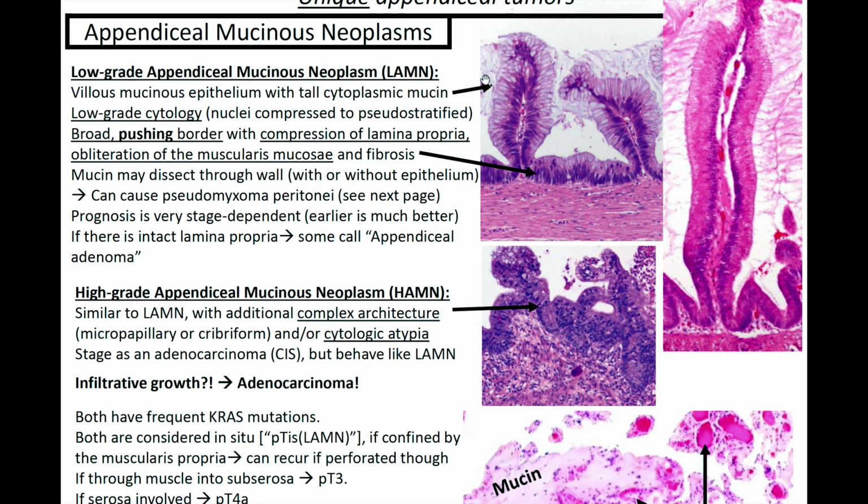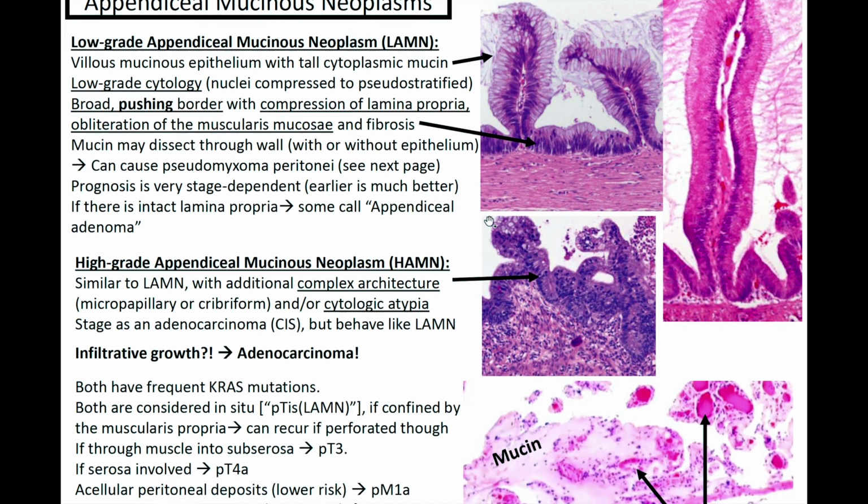So some images we have here. This is a LAMN with that low-grade pseudostratified pencillate hyperchromatic nuclei that kind of remind you of a tubular adenoma that you may see in the colon or an adenoma elsewhere. Whereas in the HAMN, or the high-grade appendiceal mucinous neoplasm, you have very complex architecture and very abnormal cytology.